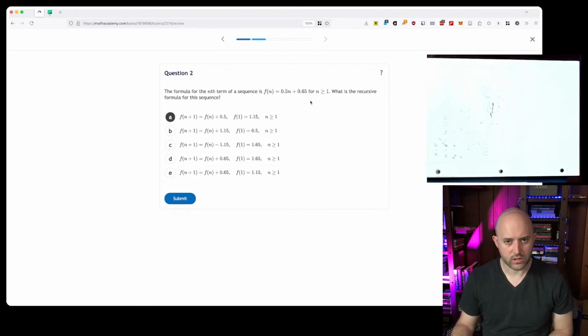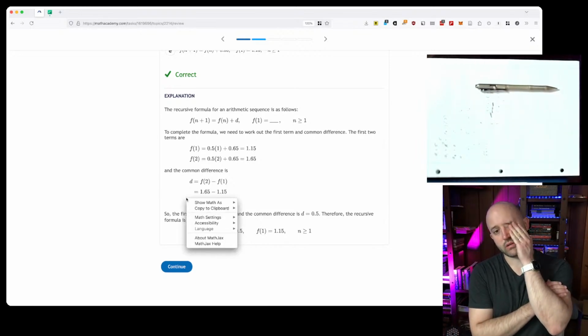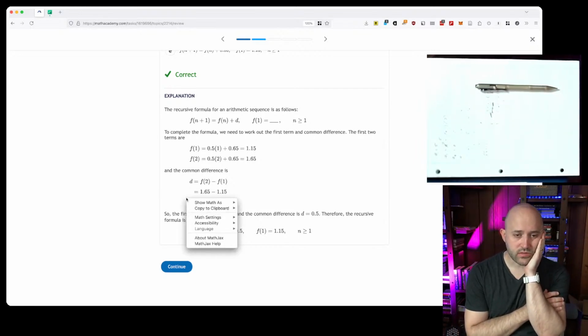The recursive formula, the scaling out front, is plus 0.5 each time. How do they think about it? So they get these nice little write-ups about how they think about this. So the recursive formula is this.